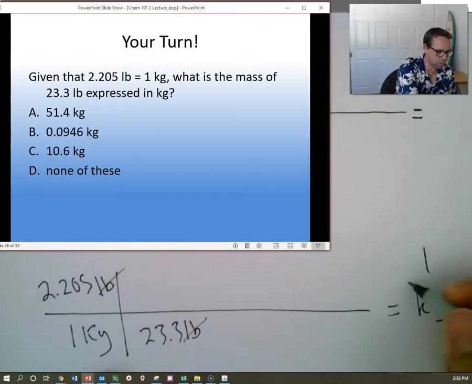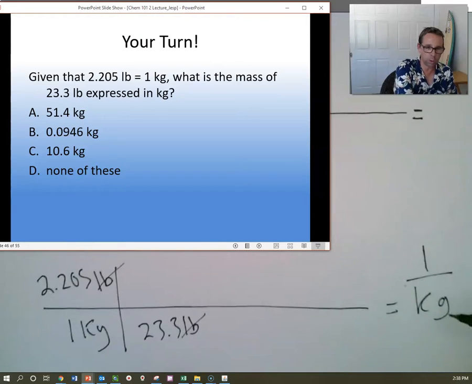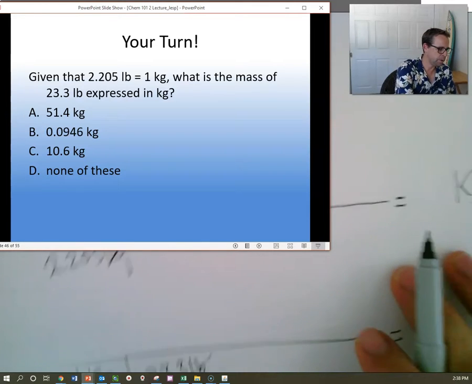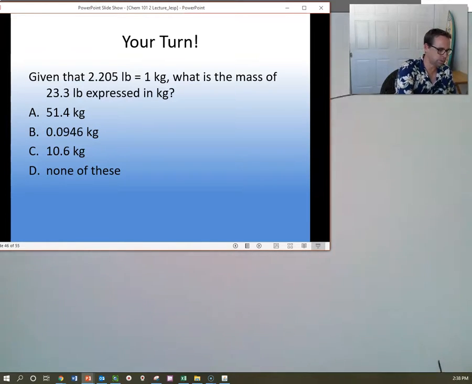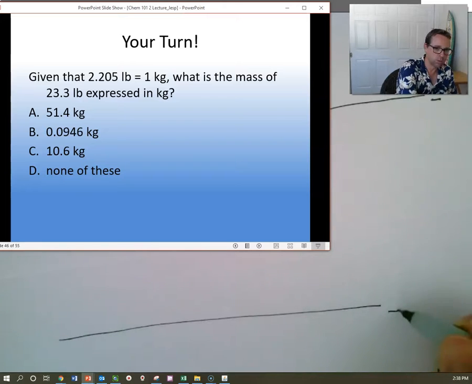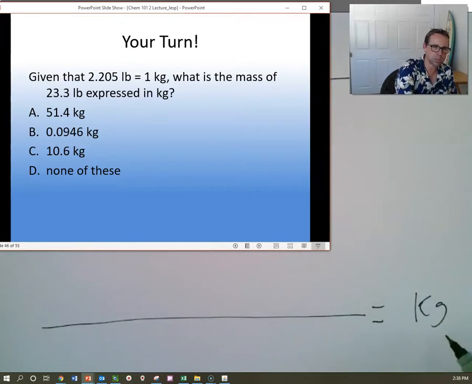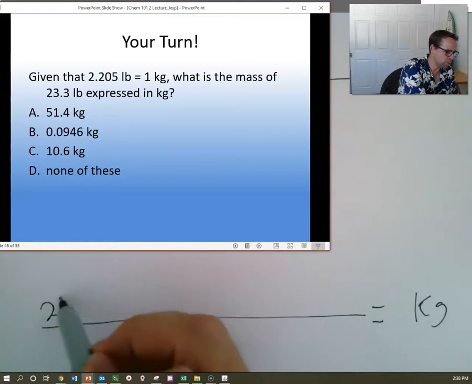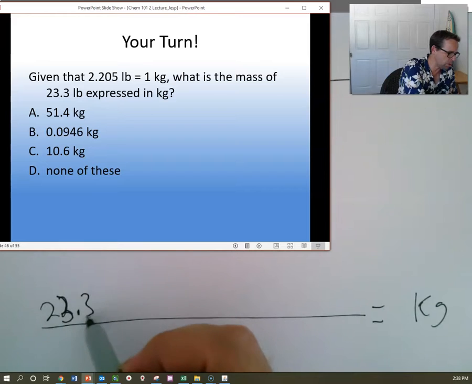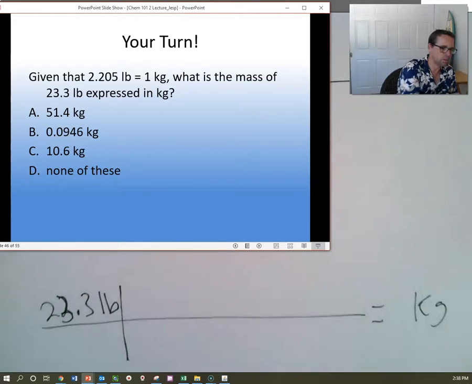In the end, we won't get kilograms. We'd get 1 over the kilograms. So we have to invert that, and then we invert that. But another way to do it would be just to show that we're looking for kilograms, and then start with the 23.3 pounds.